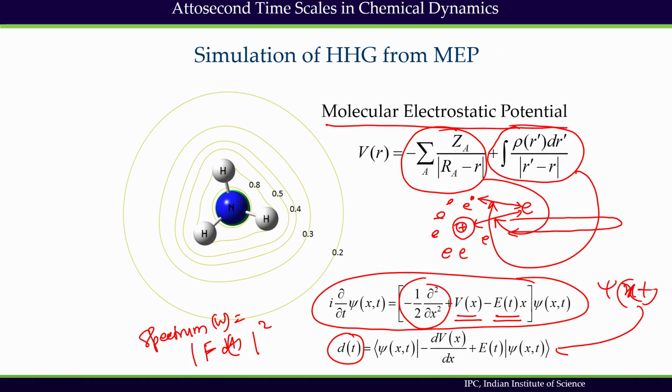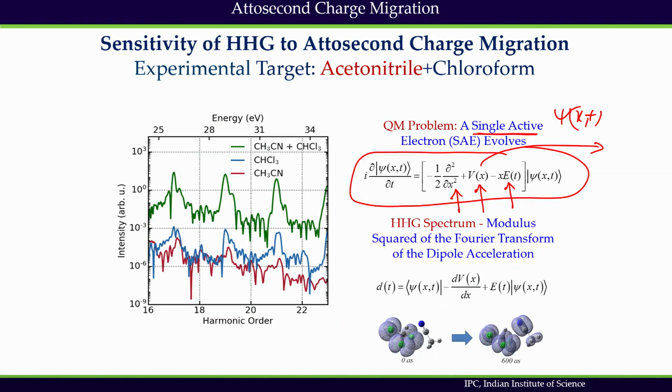So, the dipole acceleration term is used for that, and we see that in the dipole acceleration term we have a derivative term, that is, with respect to x the potential is changing. And why I should have a change in the spectrum is because now we see that this dipole acceleration term is affected.